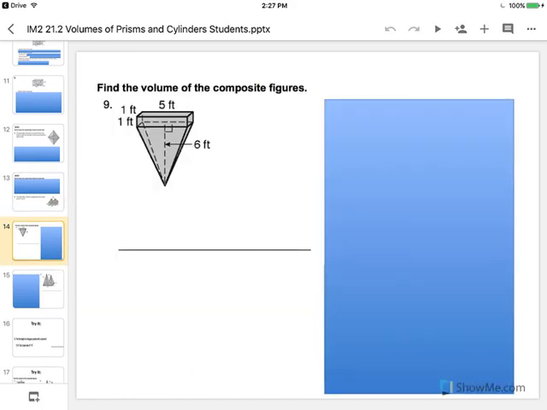For number 9, work it out on your own, and in a minute we'll give you the answers.